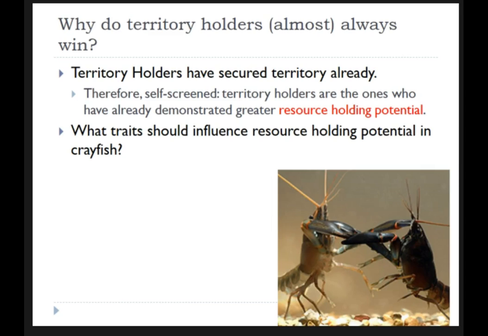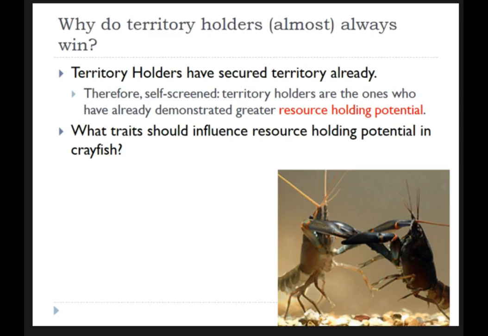The idea is that some individuals, depending on whatever it is about them, have better resource holding potential than others. And the individuals that hold a territory have probably already demonstrated pretty good resource holding power versus the other individuals roaming about in the population. So for that reason, they're pretty likely to win.